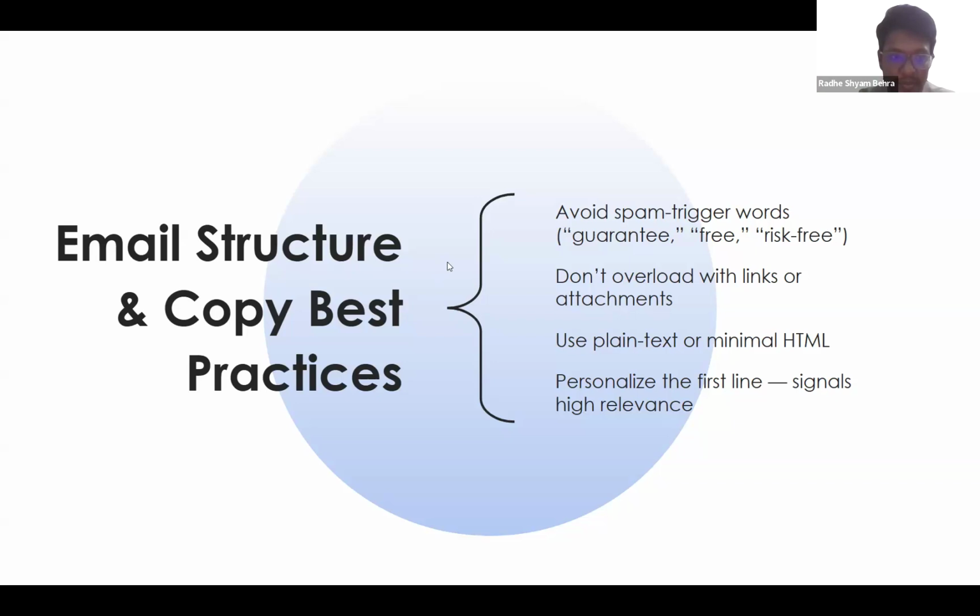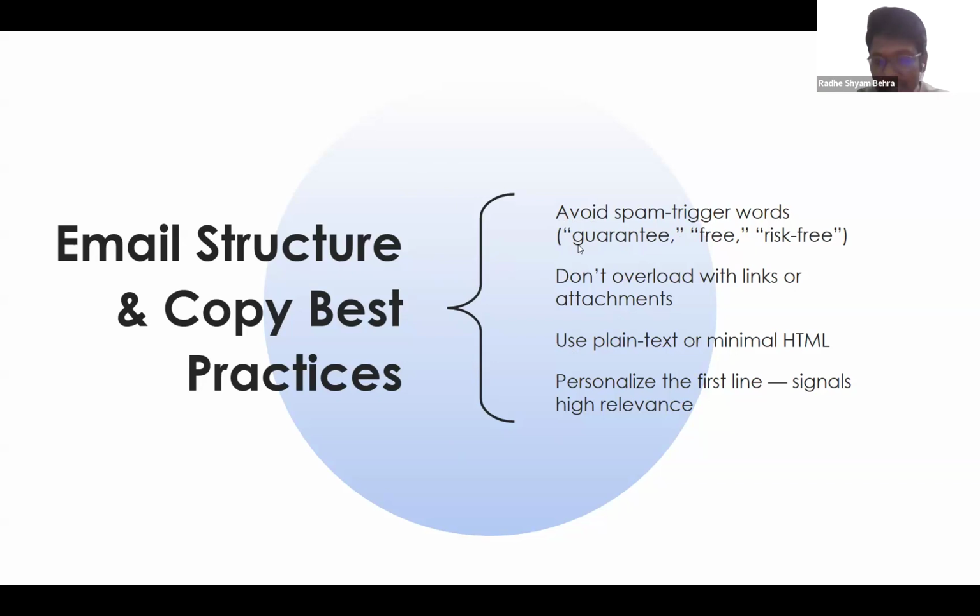All right. Moving on to the next part, which is email structure and copy best practices. I'm not going to go deeper into this because it is a very big topic about copywriting, so I'm just going to quickly glance over it. The first and most important step is to avoid spam trigger words.